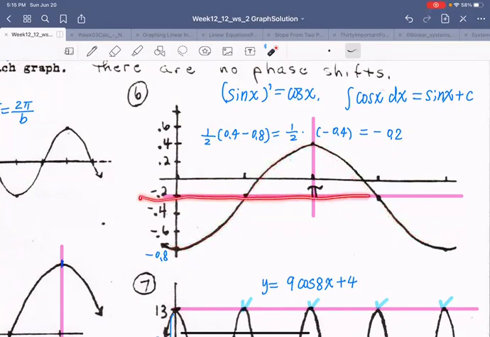Find the midline first. Who is the midline? Negative 0.2. Okay, yeah. Who is the amplitude? 0.6.